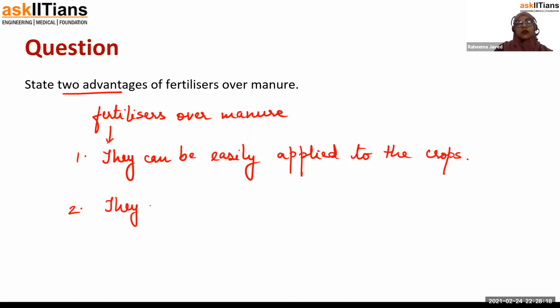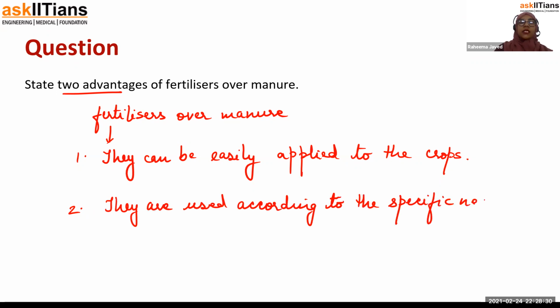They are used according to the specific needs of crops. For example, there are fertilizers which only provide nitrogen, phosphorus, and potassium to the plants.